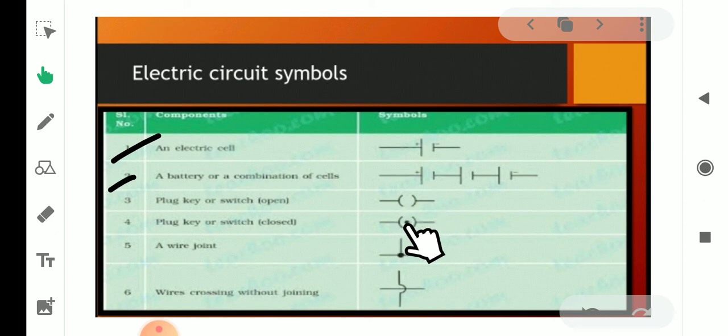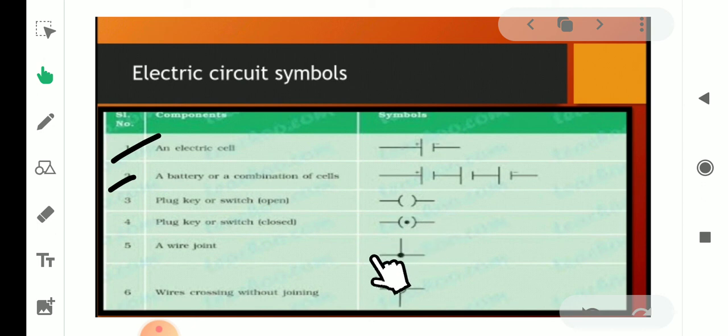In the same way, when the switch is on, it is shown by this symbol, which represents that the current is flowing. That means it is a closed electric circuit. So it is switch closed. A closed electric switch is denoted by this symbol.